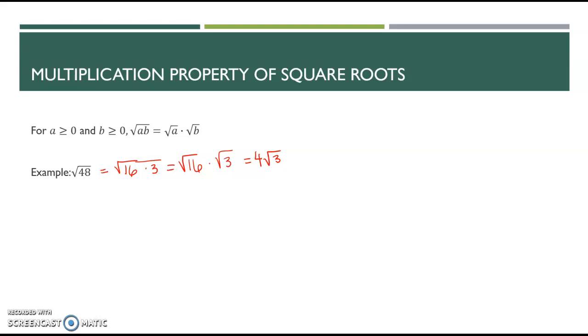Now, some of these you are going to be able to spot the perfect square off the top of your head. I'm going to admit that sometimes I struggle to find the perfect square. And so I'm going to give you this tried and true way. Actually, it was the pre-calc teacher in Leavenworth, when I taught there, who taught this method to me and reminded me about factor trees.